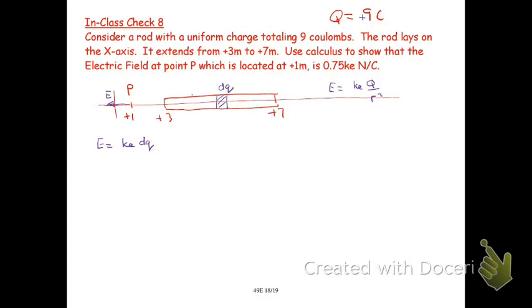It's just big Q, little q, like Bill versus William. The big Q is the total thing. This little q I just defined as that little q. And if I want the total electric field, I've got to integrate that. Just sum them all together.